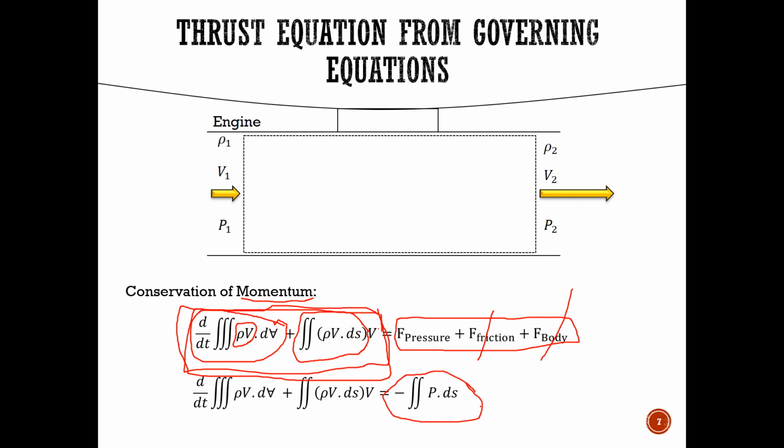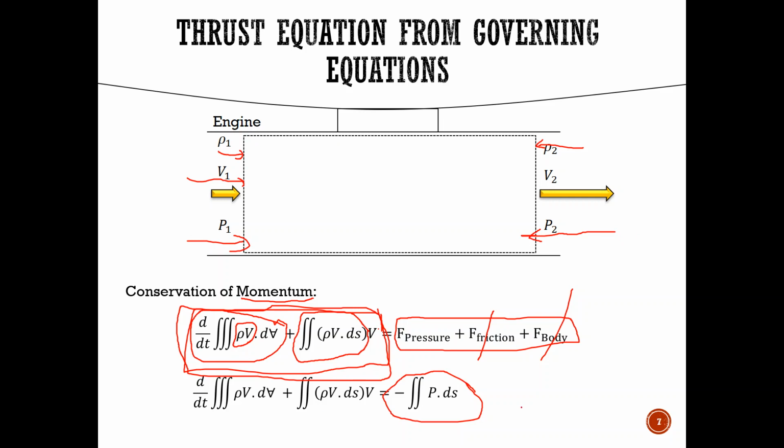Again, pressure times area gives you force, right? Again, there's a negative sign. Every time you deal with pressure in any equation, there's always a negative sign associated with that. The reason is because the pressure will always act inward.